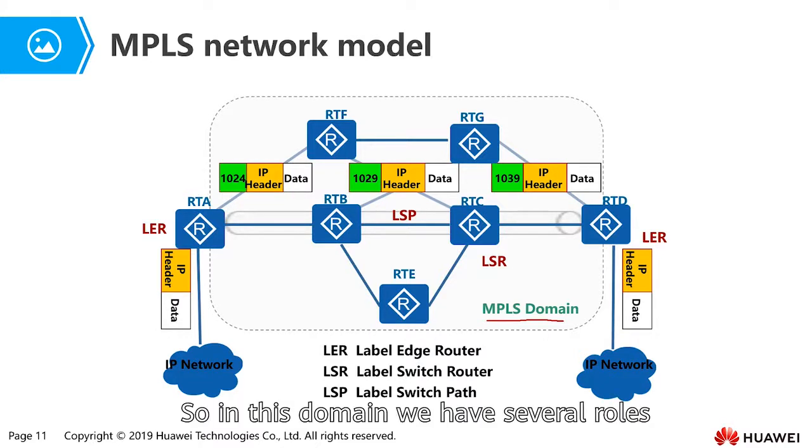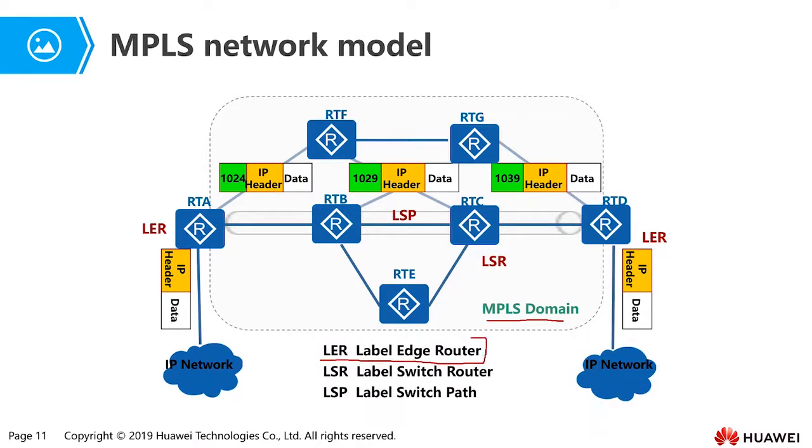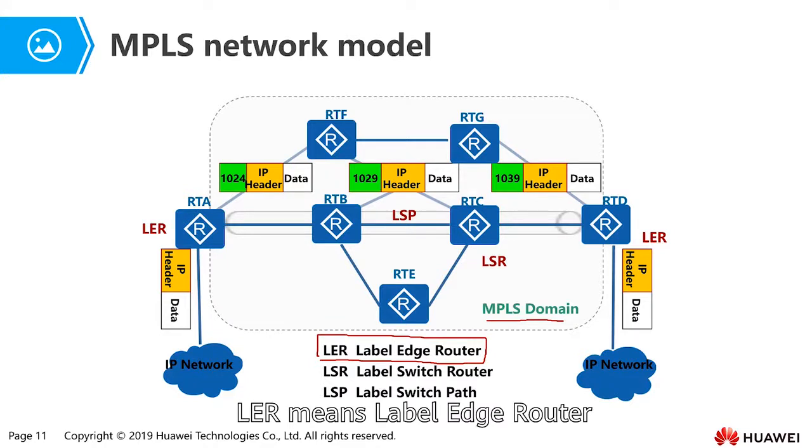In this domain, we have several roles of MPLS router. The first is LER. LER means label edge router. In this network, we have two LERs, router A and router D.